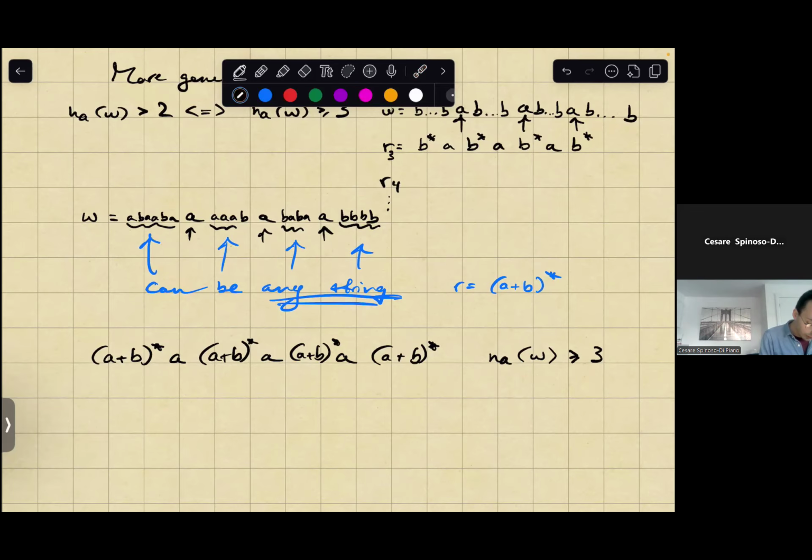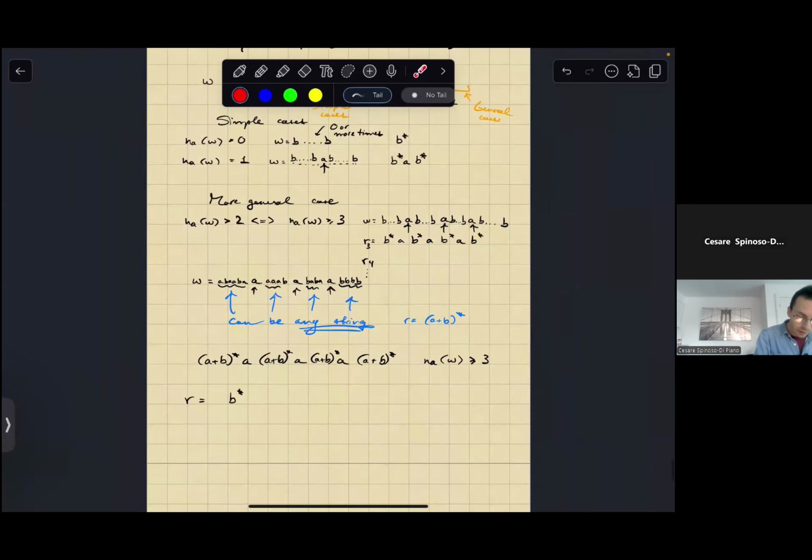So the final regular expression R will be B*, so B* came from here, plus B*AB*, so that came from here, and then plus this regular expression here for the more general case.